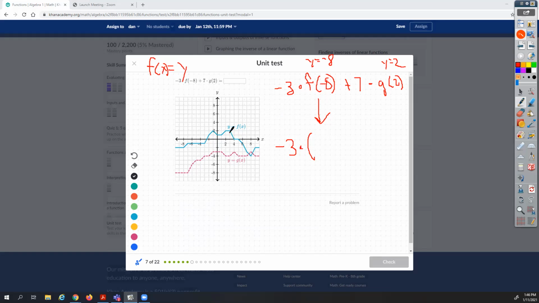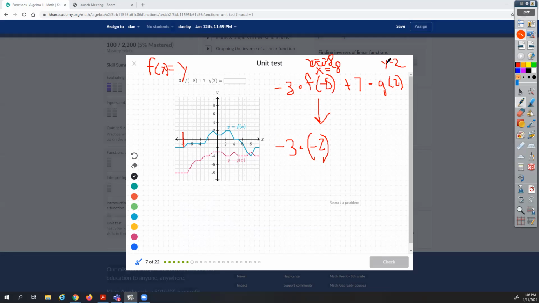When x is -8 right here, I think that's -2 right there. I'm sorry, not this. When x is equal to -8, we want to find the y.